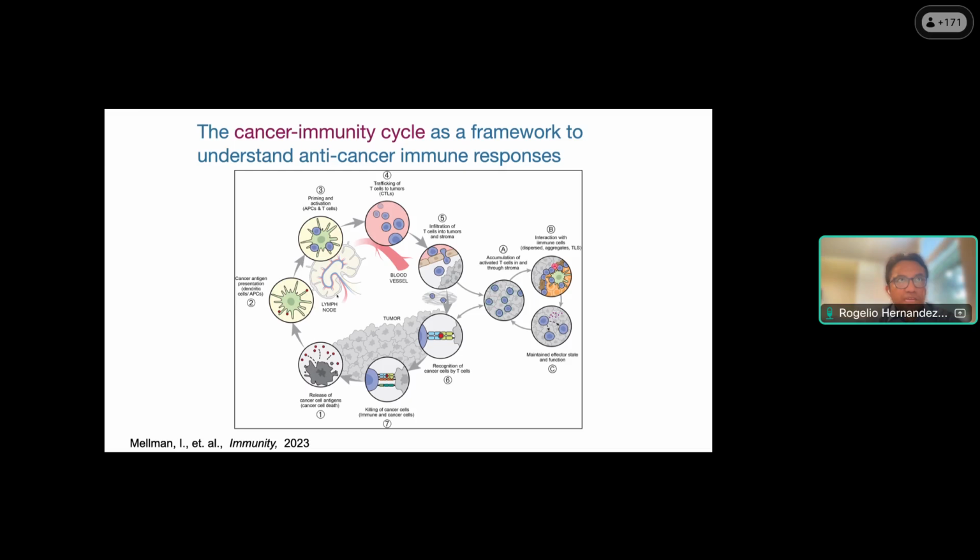So in the context of effective anti-cancer immune responses, the initiation of it relies on antigen-presenting cells and the capture of specific cancer-derived signals, antigens, that are presented later to T cells to induce an effective immune response that relies on the specific recognition by these T cells of particular antigens.